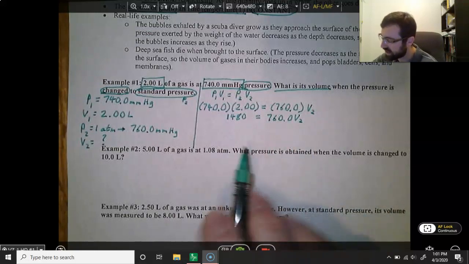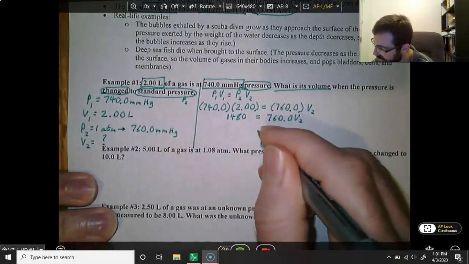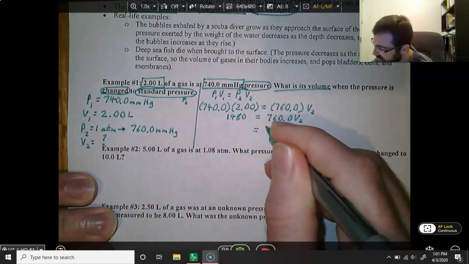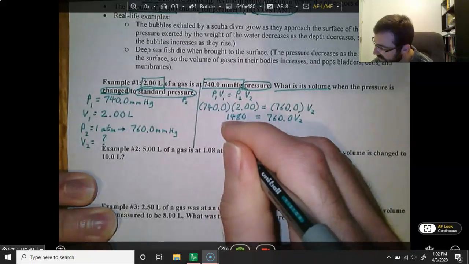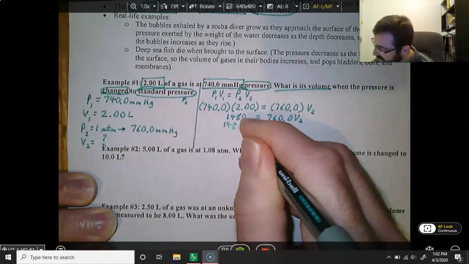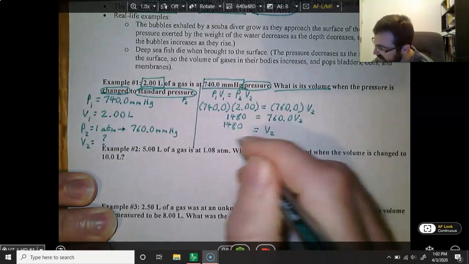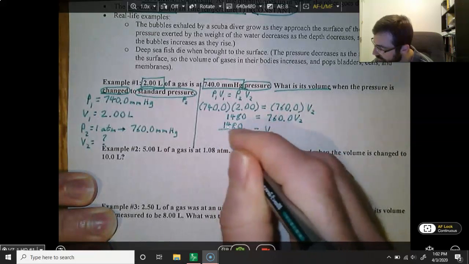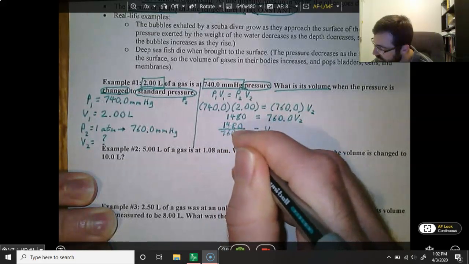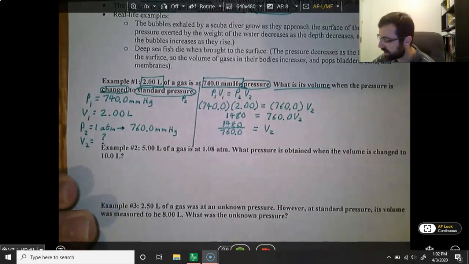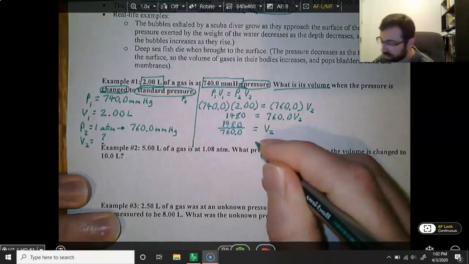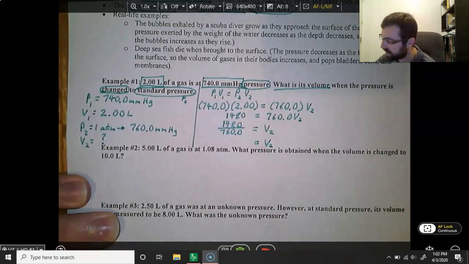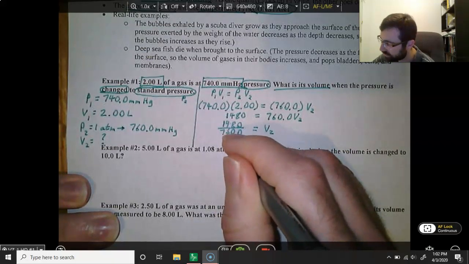So I'm going to say V2 is equal to 1,480 divided by 760.0. Just solving this algebraically. When you put that in your calculator, you'll find that it's 1.95.